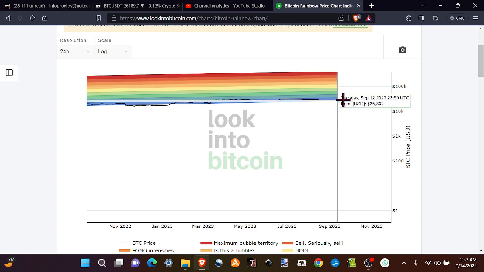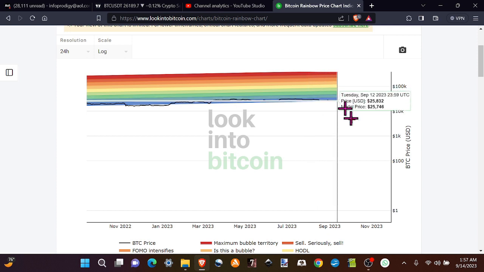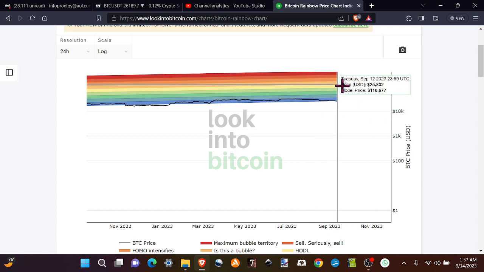So down here, prices around 25, 26,000 in the blue band. And then as you get up to the yellow, it is 100 to 116,000 per Bitcoin. Okay, the lower boundary of the yellow band is 86,000.